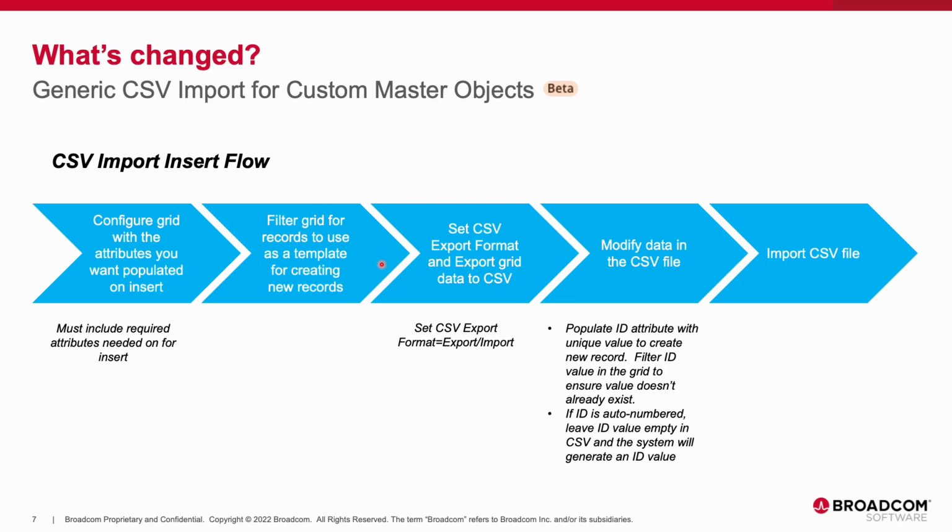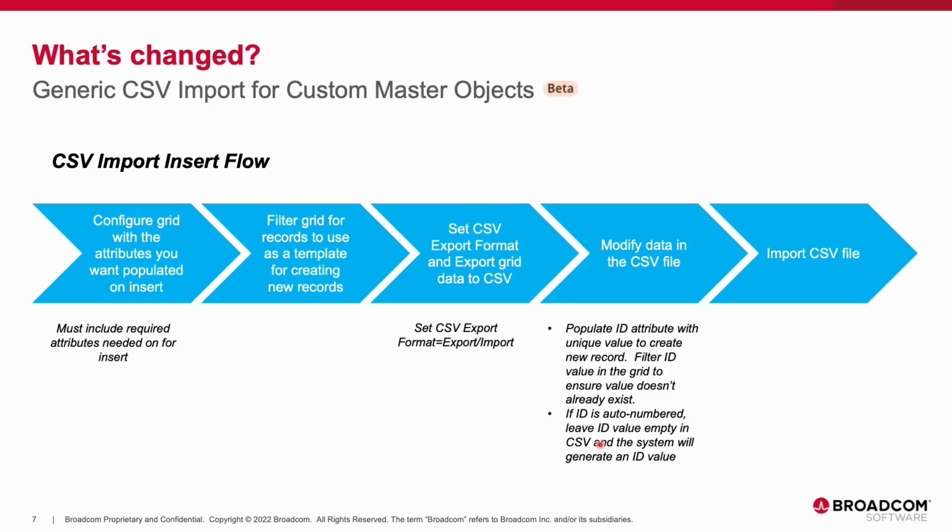Once you're done there, you set the CSV export format, and we'll cover this setting shortly. It formats the CSV export with the header records and any additional lookup information for that data inside the CSV when you export it out. Once you have that CSV data exported, you modify it appropriately to get ready for the import.